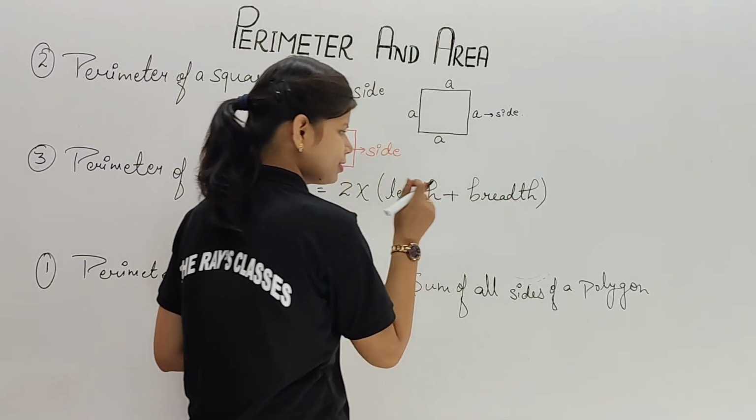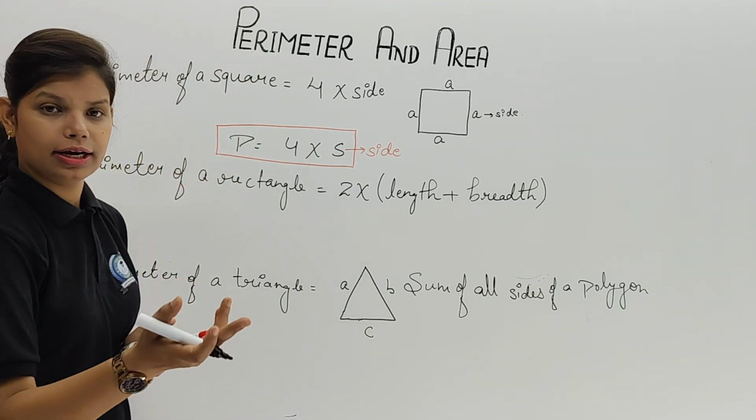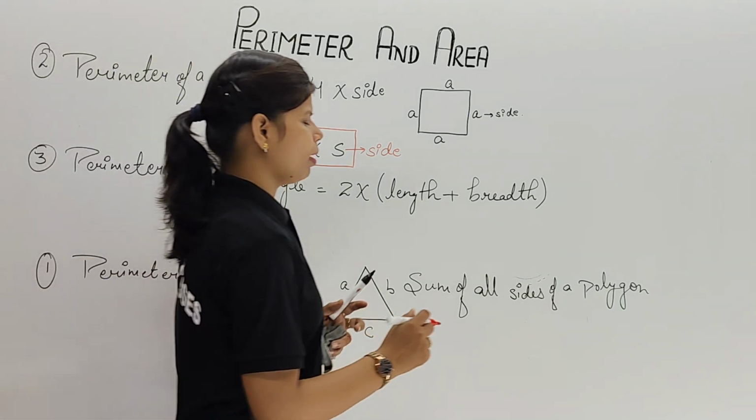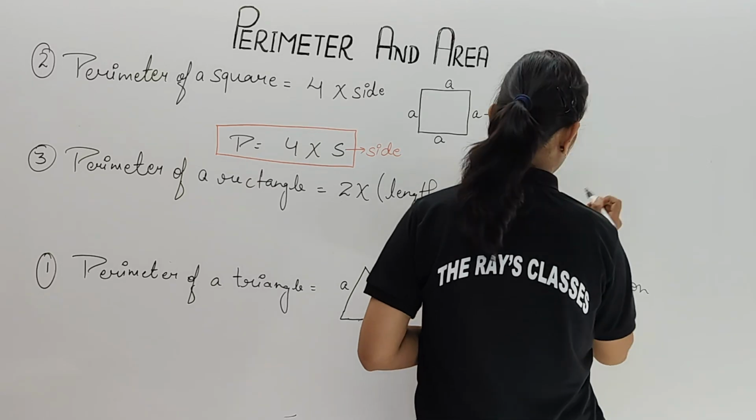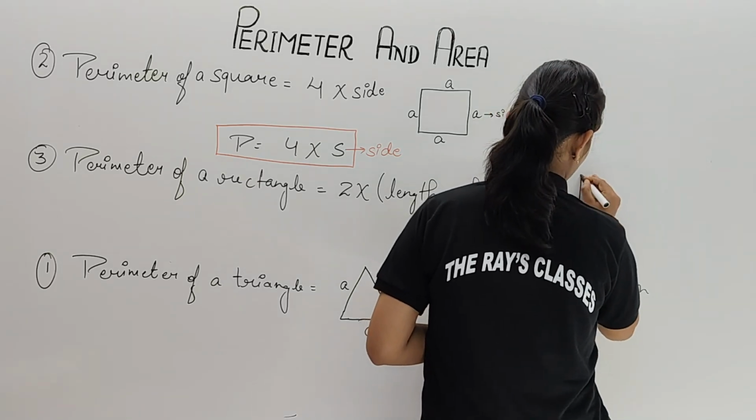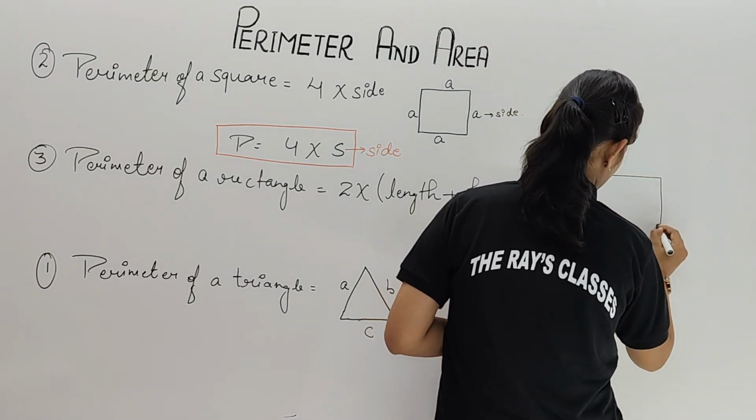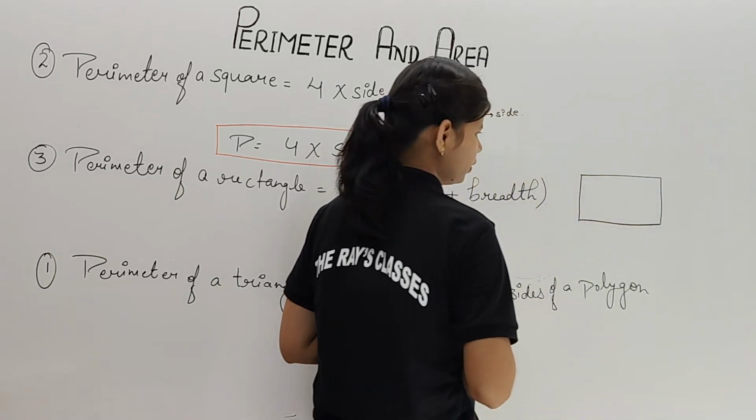Now to understand this concept, first of all you have to understand what is length and what is breadth. So now I am going to draw one figure that will be your rectangle. Clear? This is a rectangular shape figure.